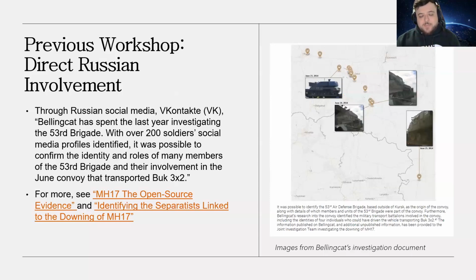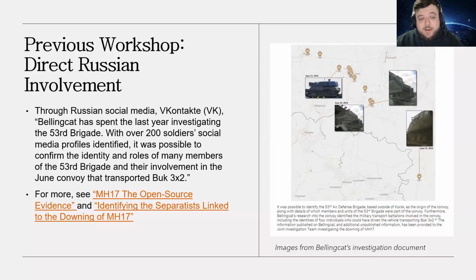But going back to our previous workshop, this same sort of intelligence gathering was how Bellingcat was able to identify a lot of these Russian soldiers, how they knew they were in the area when MH17 was shot down. And part of that was because, again, people post more than they should online, and Russian soldiers were no exception.